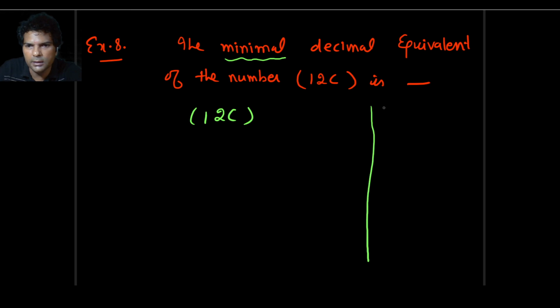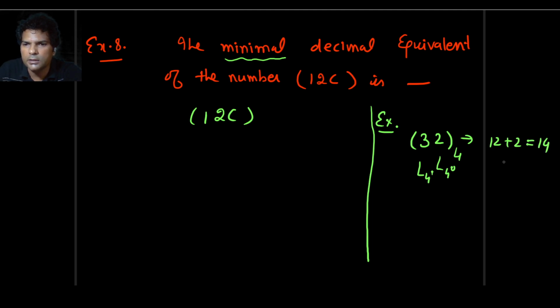As a preliminary example, let's say the number is 32, and base 4 is given. What is the decimal equivalent? It is 3 times 4 to the power 1 plus 2 times 4 to the power 0, that is 12 plus 2, that is 14.